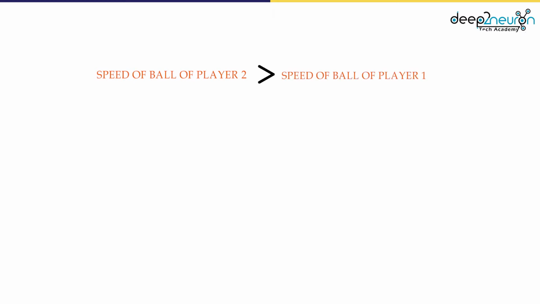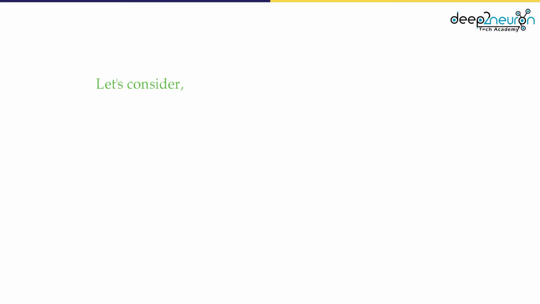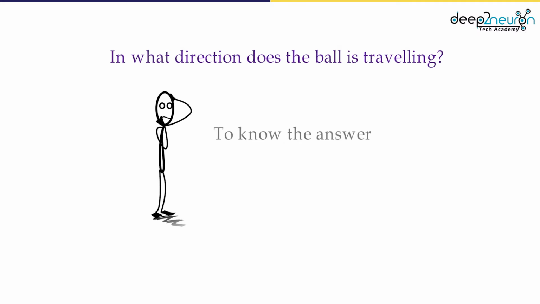player 1. Speed is the distance travelled by a ball in a particular time. For example, let's consider that the ball is travelling 50 km per hour. Question number 2. In what direction is the ball travelling? To know the answer to this question, we have to learn a new thing called velocity.